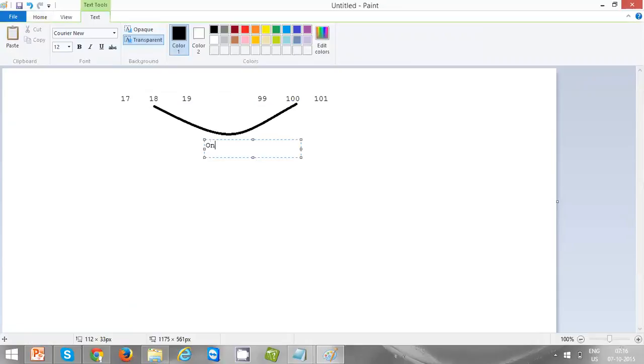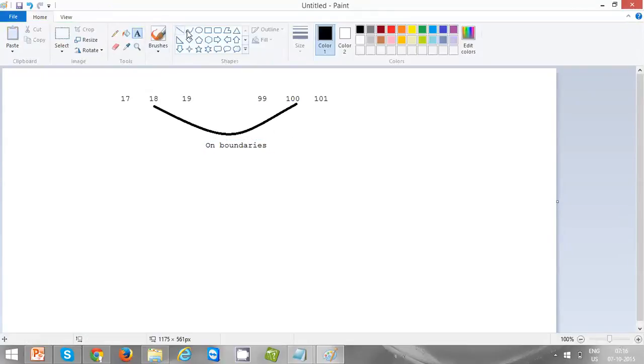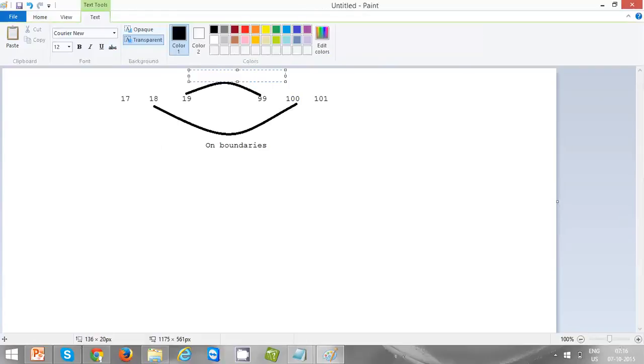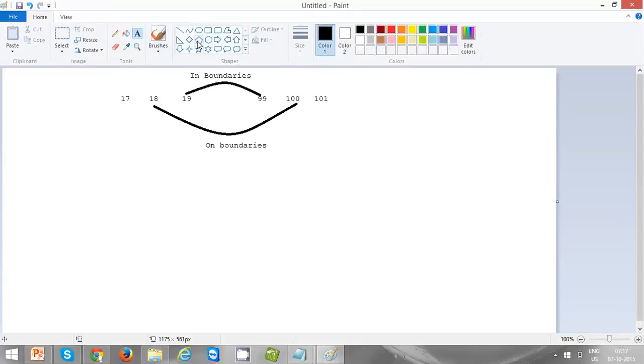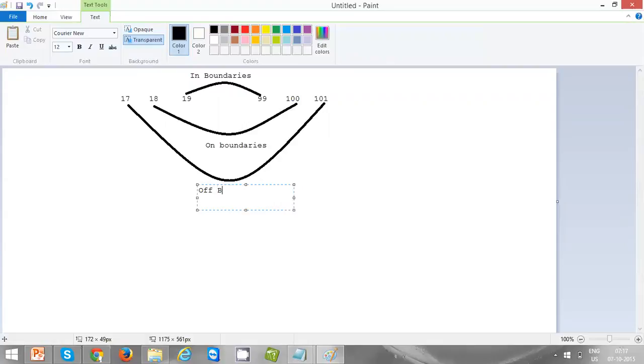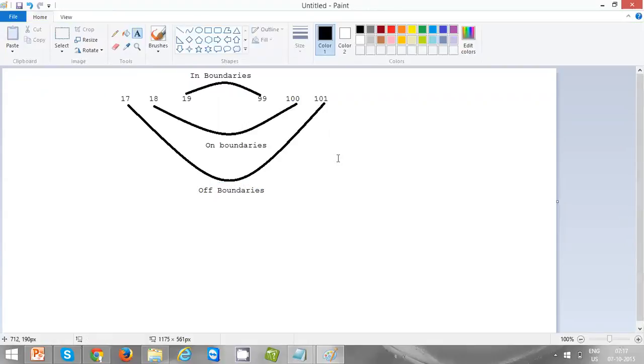So this is called on boundaries, these are called in boundaries, and this is called off boundaries. So we need to test between 18 to 100. Before 18 all the values, and after the 100 all the values, we don't need to test.